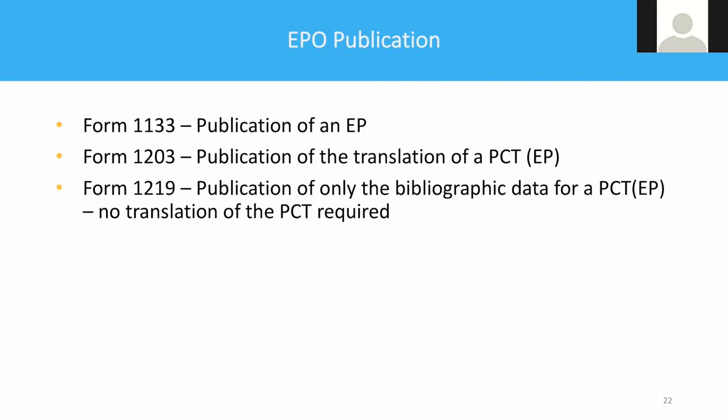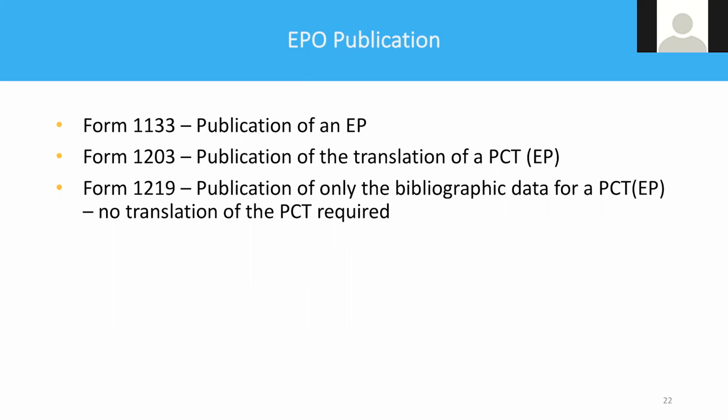Okay, we mentioned at the beginning that the publication of the application is different than the publication of the search report, and we've discussed in detail the search report and the publication of the search report. So, Christy, can you talk a little bit about forms related to the actual publication of the application? Okay. Well, the slide is pretty informative.